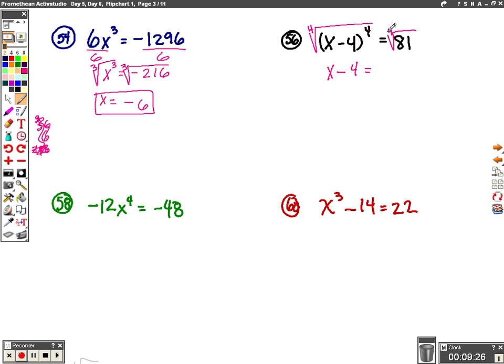Now, since I'm taking an even root and it's a positive radicand, the number inside is positive, there are going to be two possible answers, plus or minus.